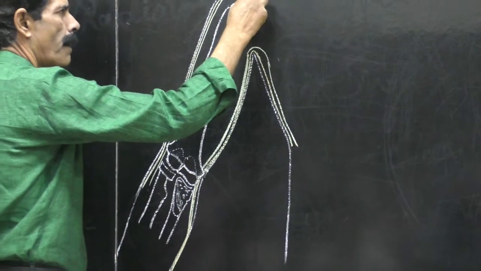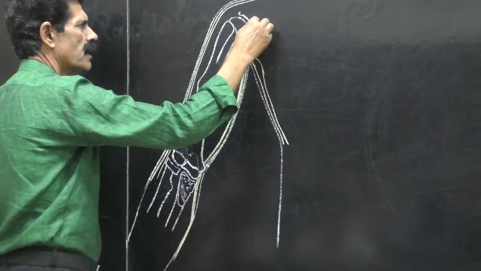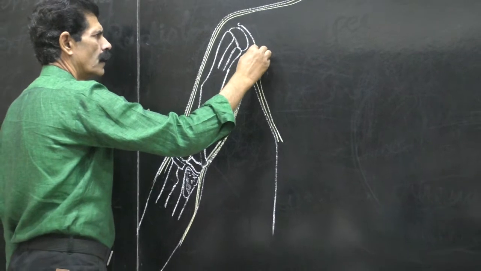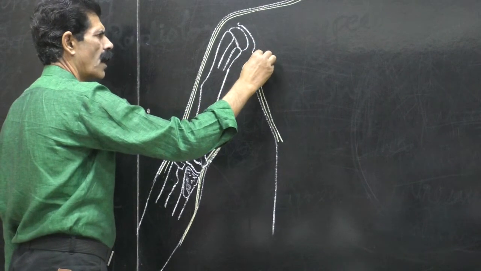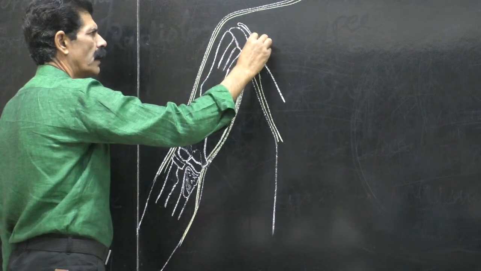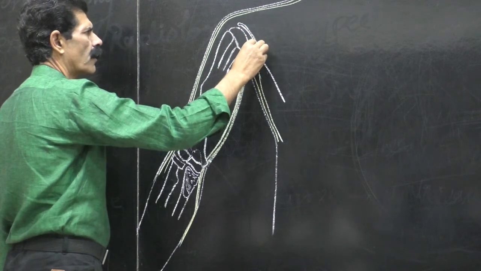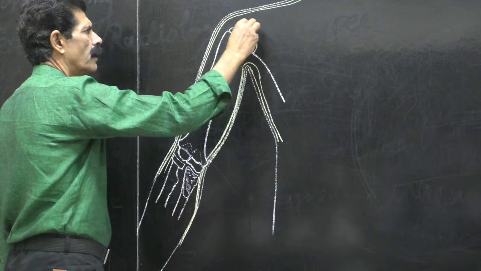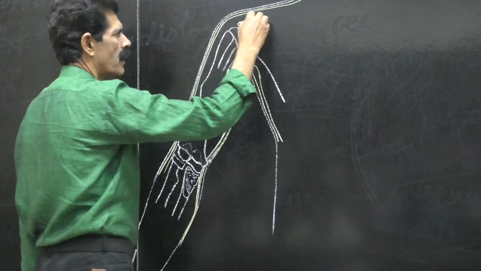Laterally, the head of the humerus, which is lateral in position, communicates with the shallow, triangular glenoid cavity, that is the lateral angle of the scapula.